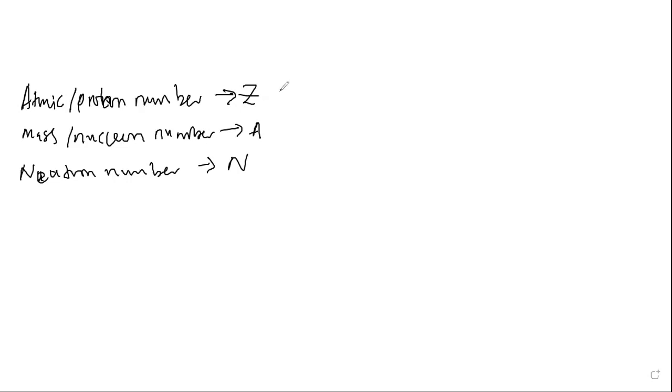Now, if we get back to our notation, this X means any element on the periodic table. Then this number means the number which is found on top of it, and this one means the number that is found down that particular element.